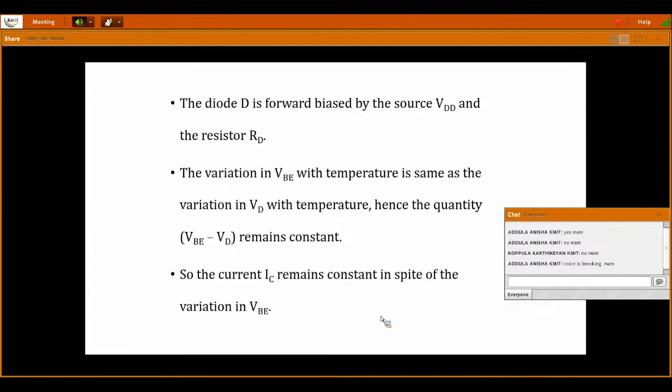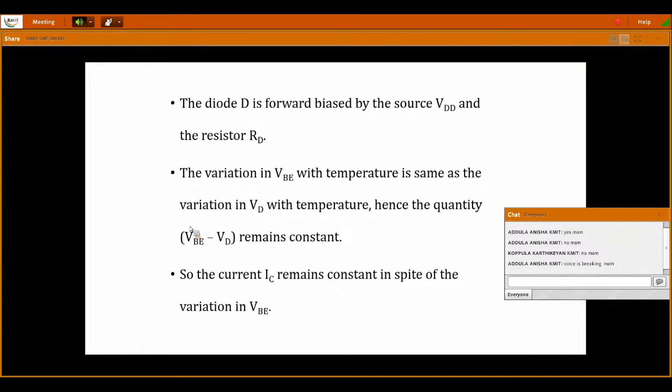The variation in VBE with temperature is the same as the variation in VD with temperature. Hence, if VBE is increasing, then VD also increases. So the change in VBE is compensated by the diode, and this reference VBE minus VD will be maintained at a constant value.